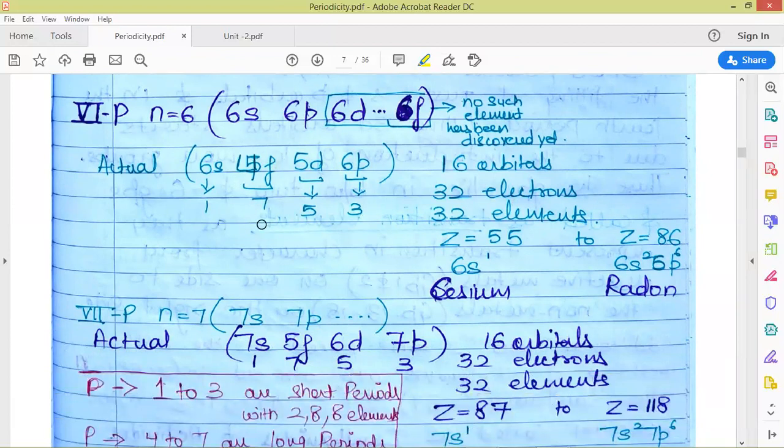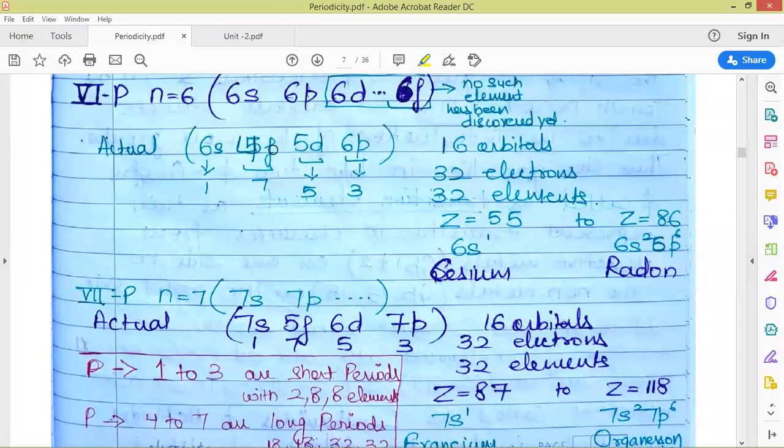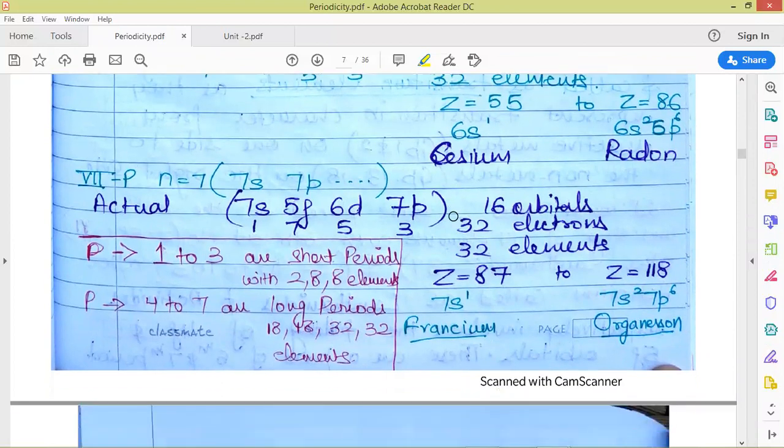shifted below the periodic table to avoid the restriction of space. So these 4f elements, in which the 4f orbitals are filled, are placed just below, and are called f block elements, along with the members of the seventh period, where the 5f subshell is filled, and those 14 elements are also placed just below the periodic table.